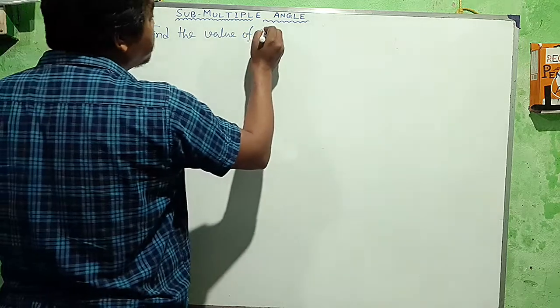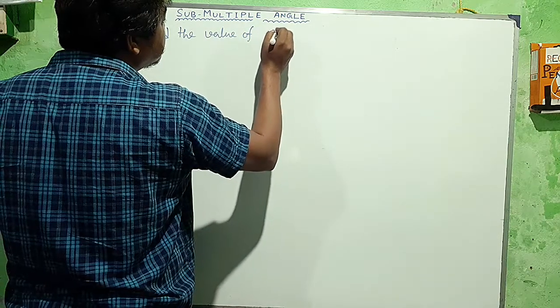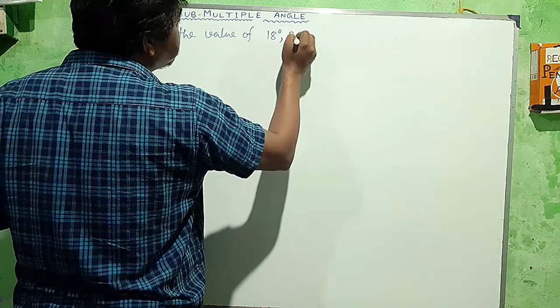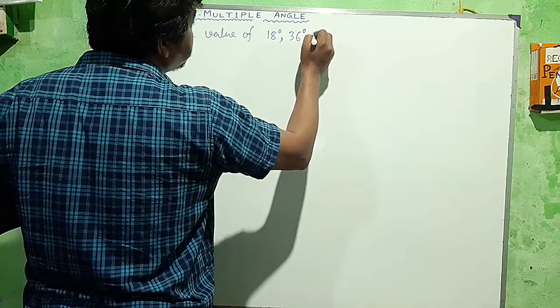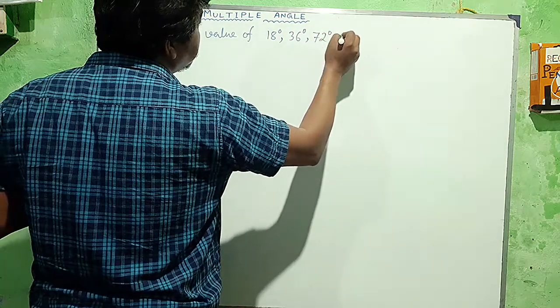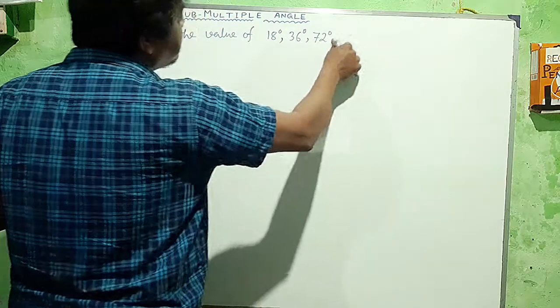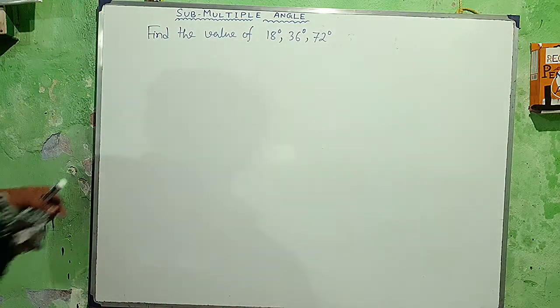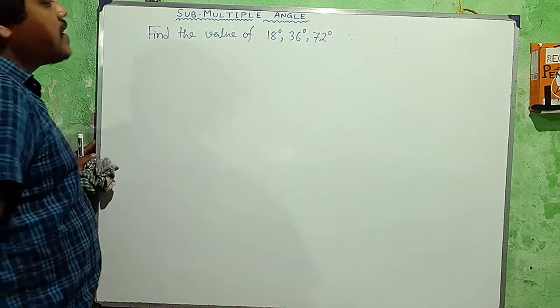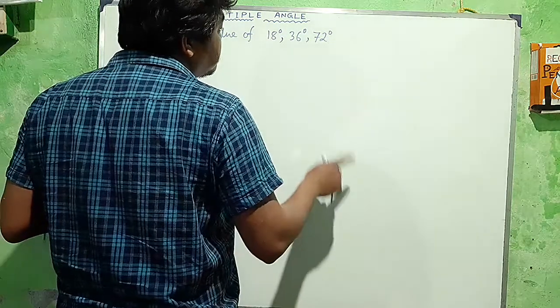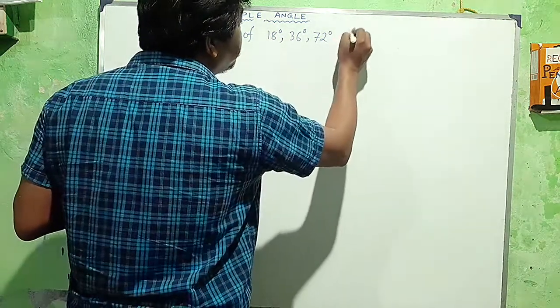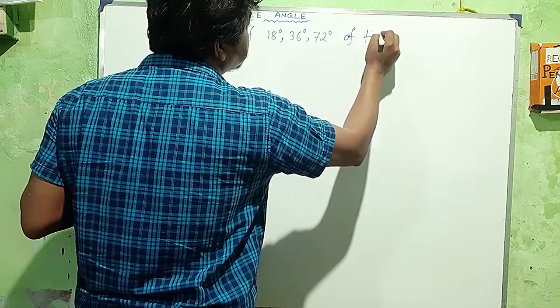Find the value of 18 degree, 36 degree, 72 degree, 90 degree. Okay, 90 degree is known to us. Find the value of the trigonometric ratios of 18 degree, 36 degree, 72 degree.